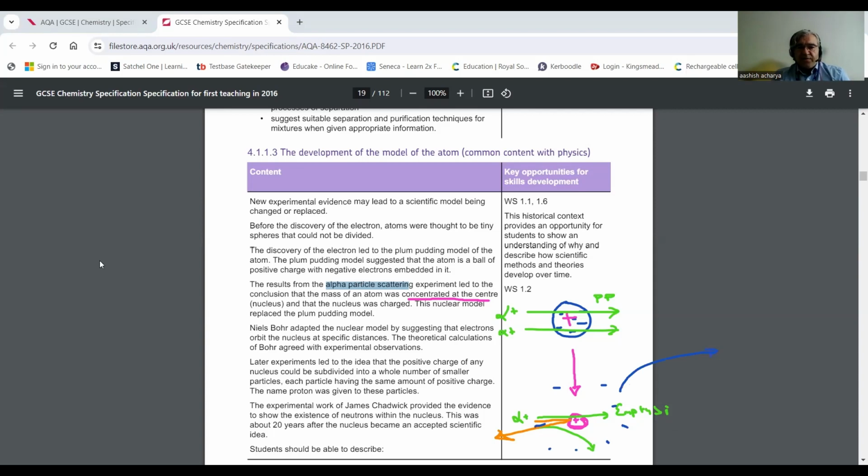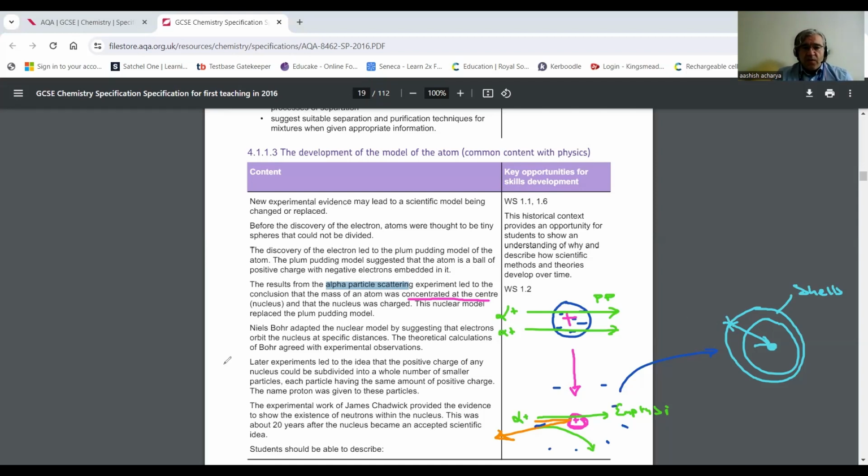Now, how does this model change to Bohr's model? Bohr then suggests that the electrons occupy fixed regions called shells. You know that the highest energy level has electrons furthest away from your nucleus, and you'll realize that it's these electrons that are involved in bonding.